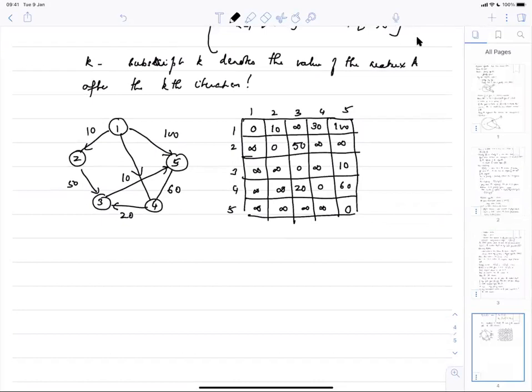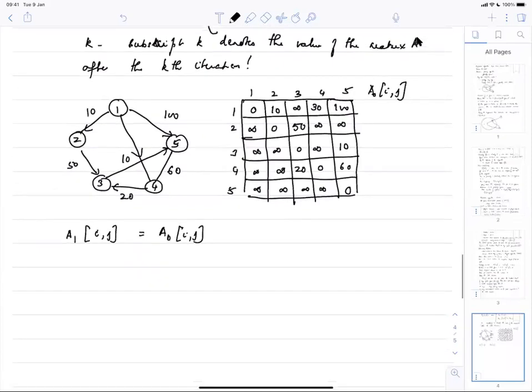So next, for example, when I look at A1 of i comma j, this will be the same as A0 of i comma j, no change.